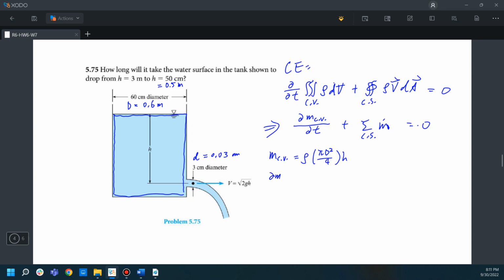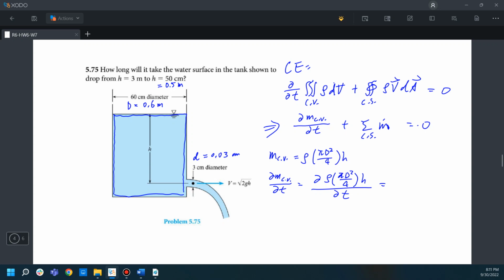So ∂m_CV/∂t is equal to ∂(ρπd²/4 h)/∂t, and we know π and d are both constant. Only h will vary with time.